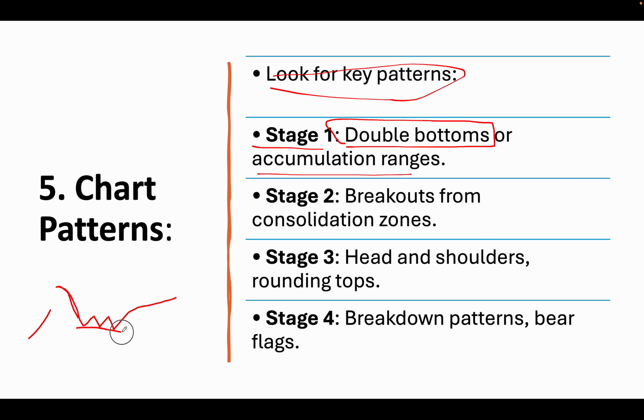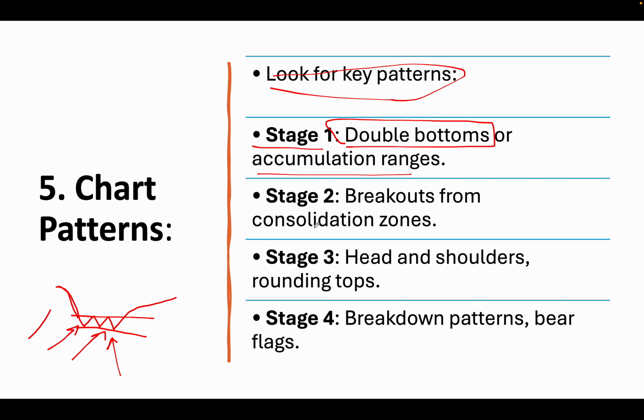So these 2 lows are referred to as double bottom. So it bounces back from these. Actually this has happened 3 times, triple bottom. So usually there are 2 bottoms, and then price starts consolidating and goes up. Okay, so look for these double bottoms in stage 1.